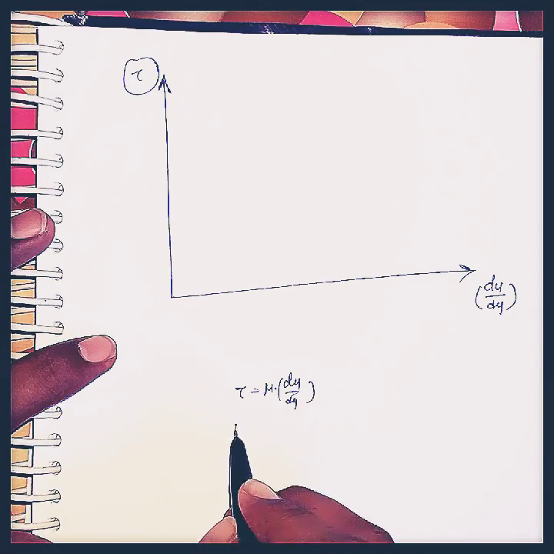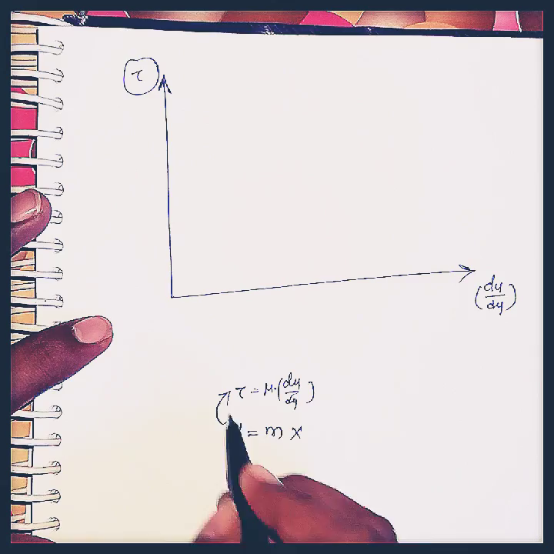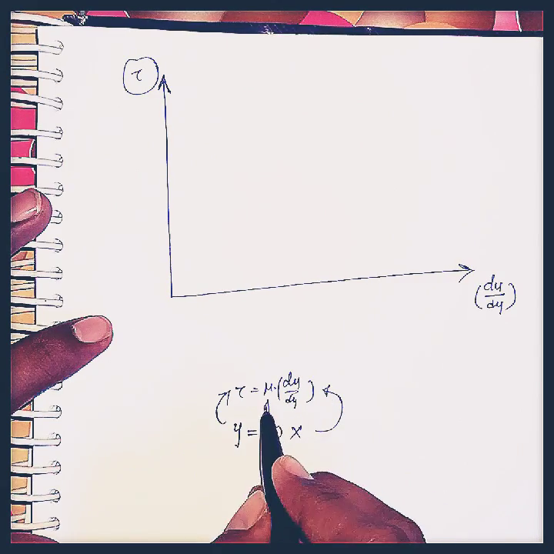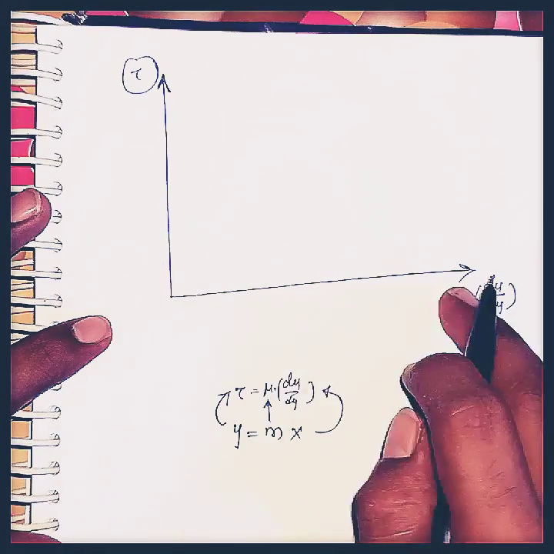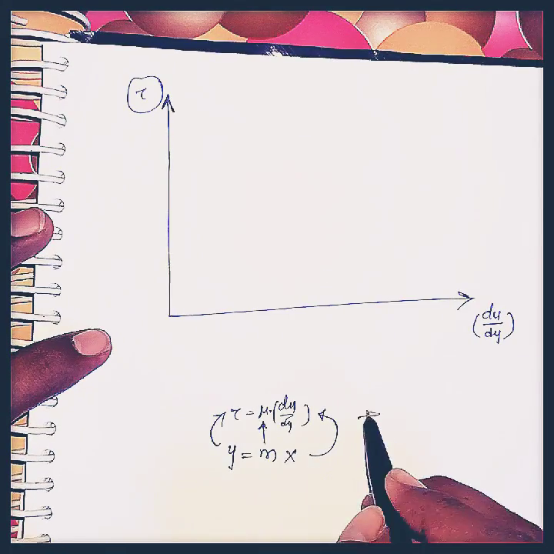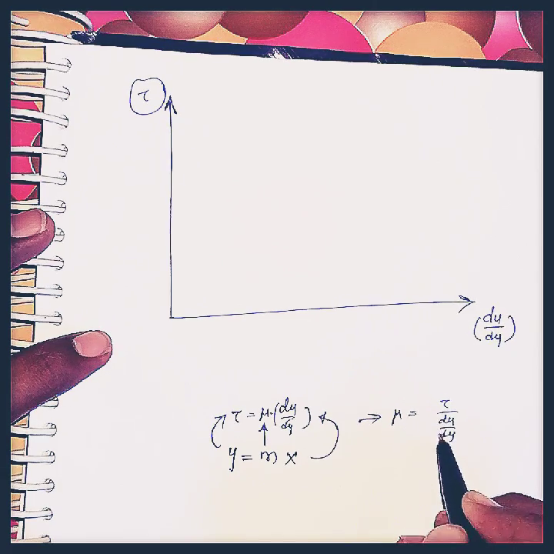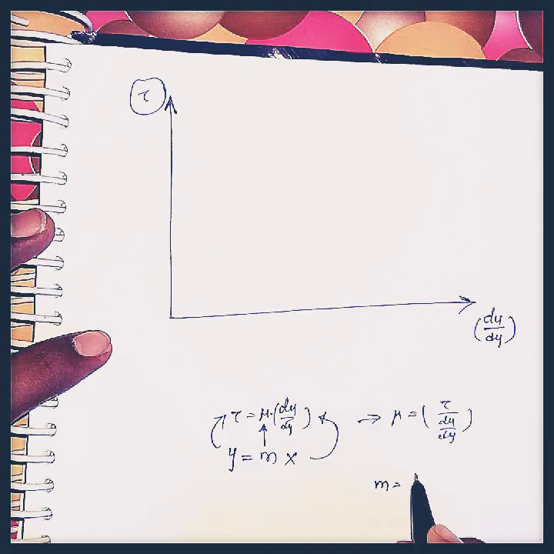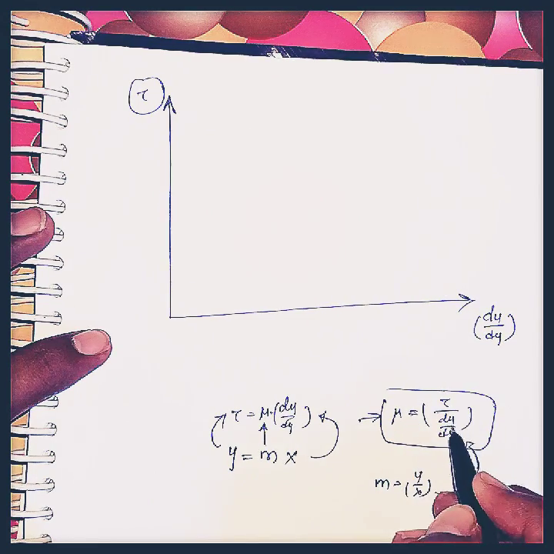Let us consider this as y equal to mx. This is the slope of any curve or line drawn on this graph. Here mu equal to tau by du by dy, as m equal to y by x.